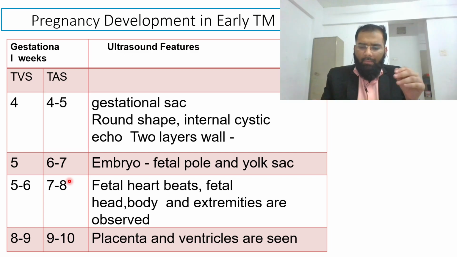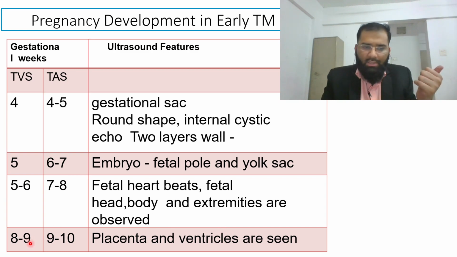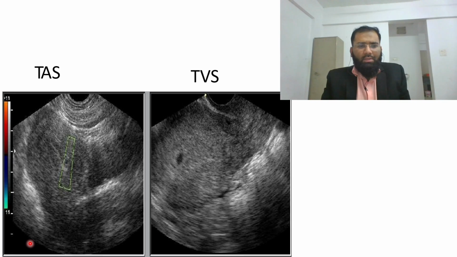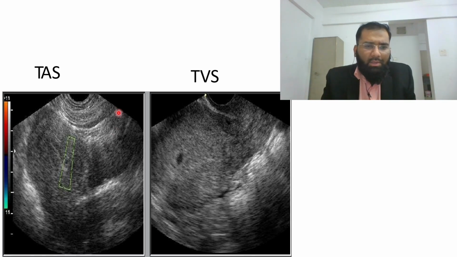Similarly, placenta and ventricles are better seen in early gestation on transvaginal scan. Now look at this. This image is a scan done using a transabdominal probe, and this is the scan done on TVS, the same patient. In this, we can hardly see if the GSAC is present.